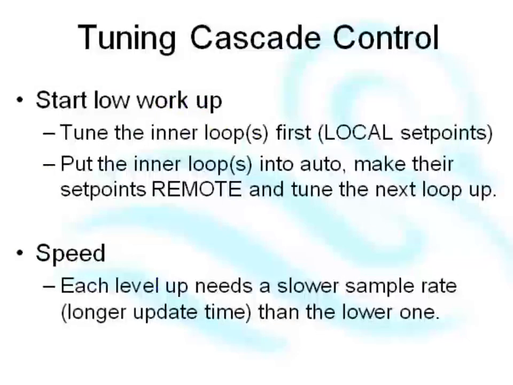We achieve this by changing the sample rates or the update rates in the PID, so that the inner loop has a much faster update rate than the outer loop. If you don't do this, then the inner loop will be forever chasing its own tail, as the outer loop doesn't give it a chance to actually control something before it issues a new set point.